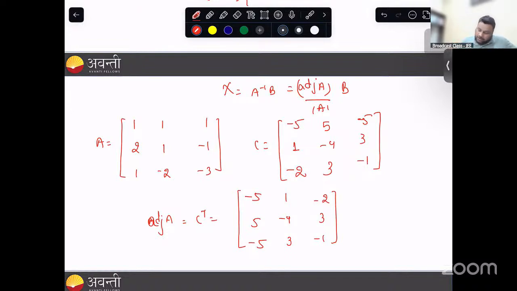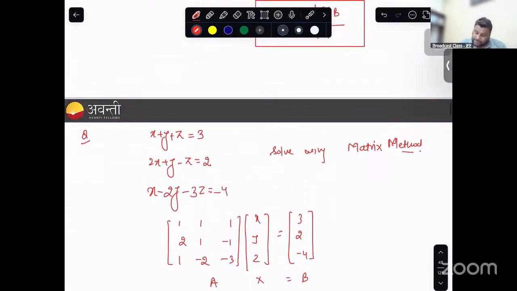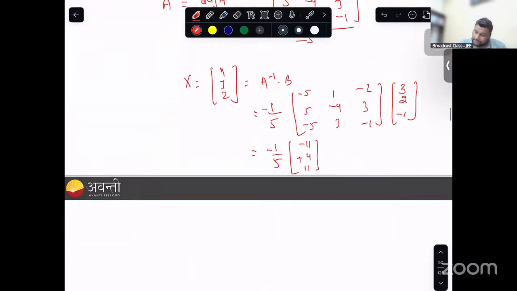C inverse. -5 plus 1. -2 -6 -8 plus 3, 5. Determinant is correct. B is 3, 2, -4.